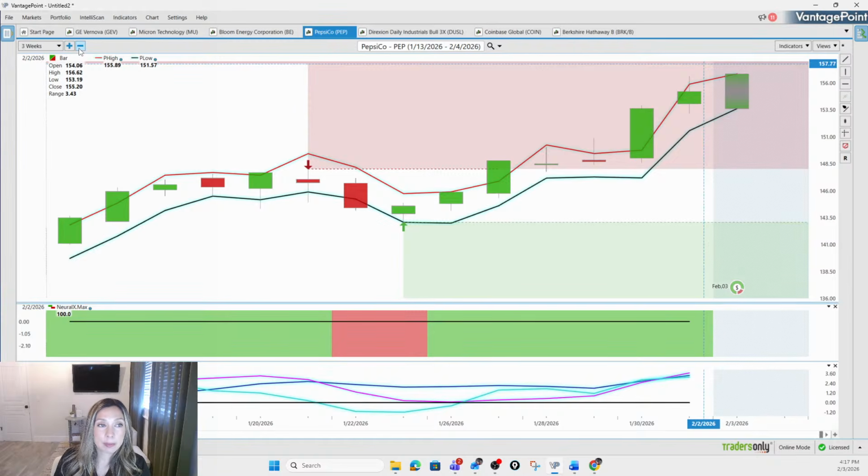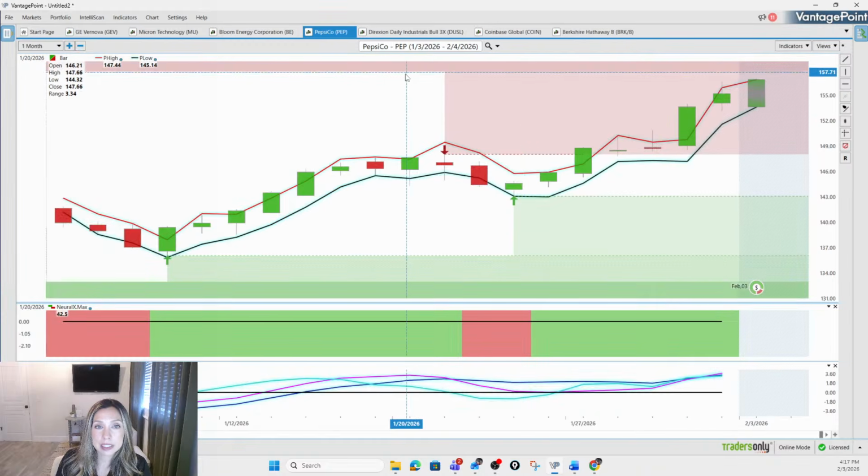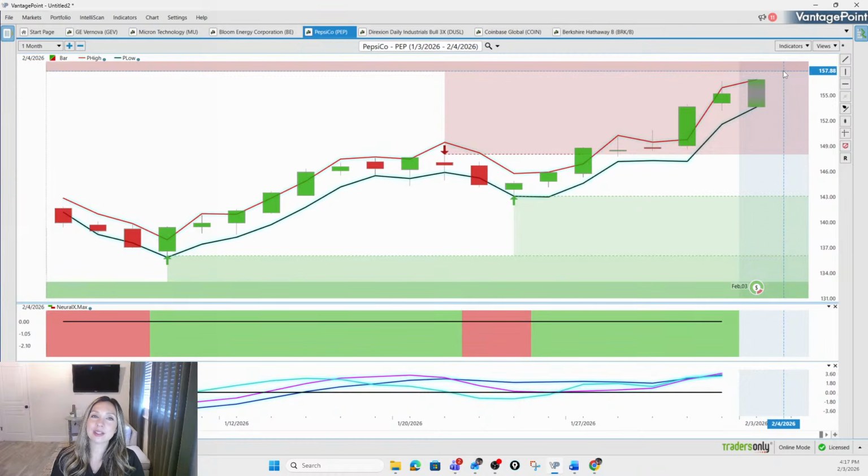So I'm going to just back this out a little bit further so we can see where that resistance level is actually established here. So that next zone of red is the next resistance level up. So this could be a potential profit target for those increased levels of risk, because what happens when the market goes down? You want to take profit if you're at it, right? You don't want to give all those profits back.